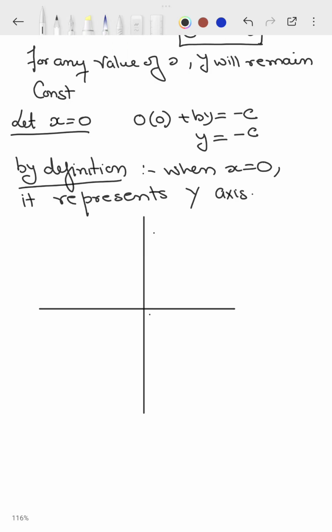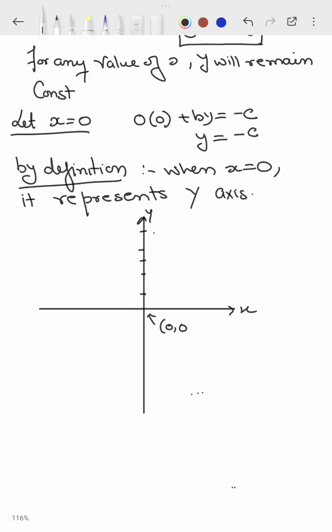See, this is the origin, 0, 0 for the x-axis and y-axis. When x is 0, the value of y can be any fixed number.